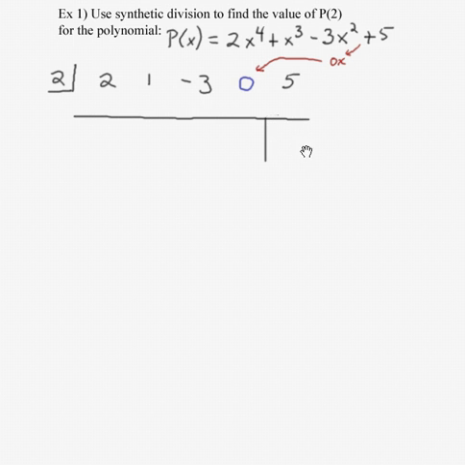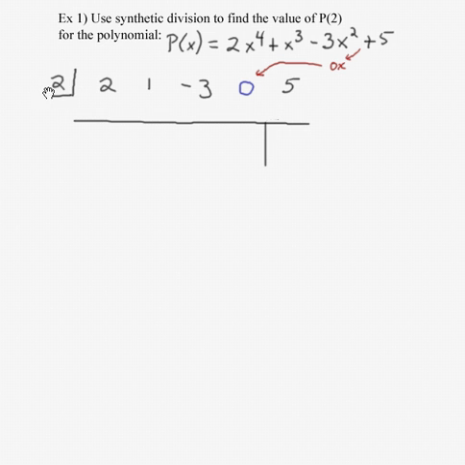Everything to the right is my remainder. Now here's a very important point, so wake up and smell the coffee. If I'm doing p of 2, it's like I'm dividing by x minus 2. I don't change this number 2. So in the multiplier box, positive 2 if I'm looking for p of positive 2.